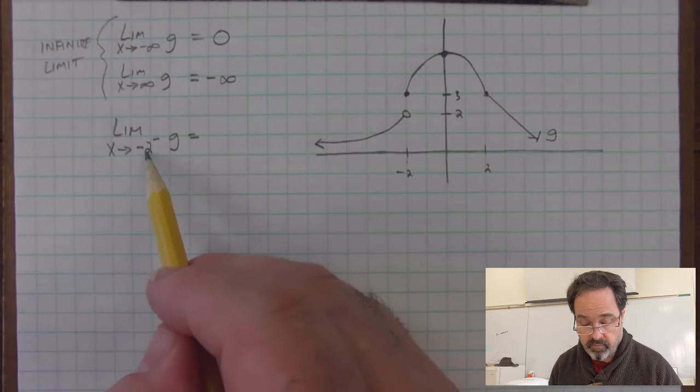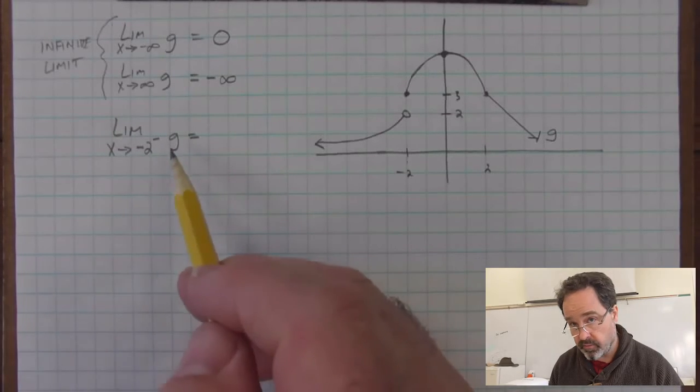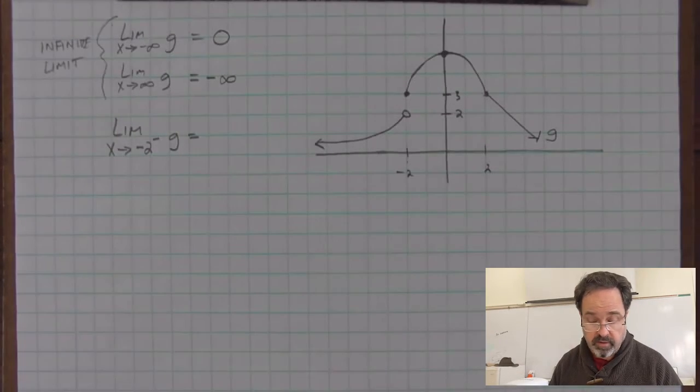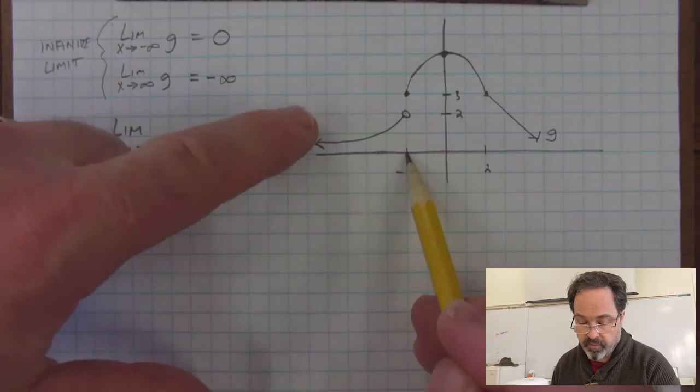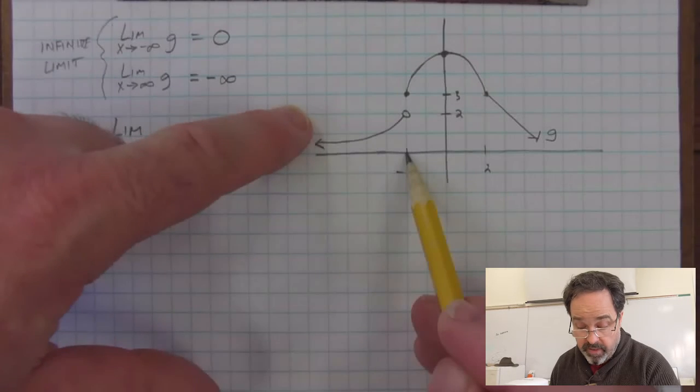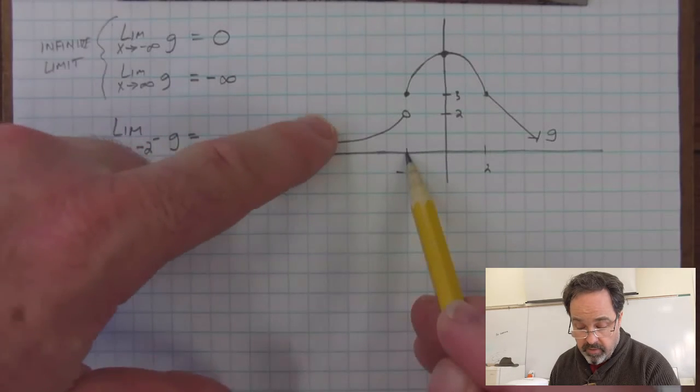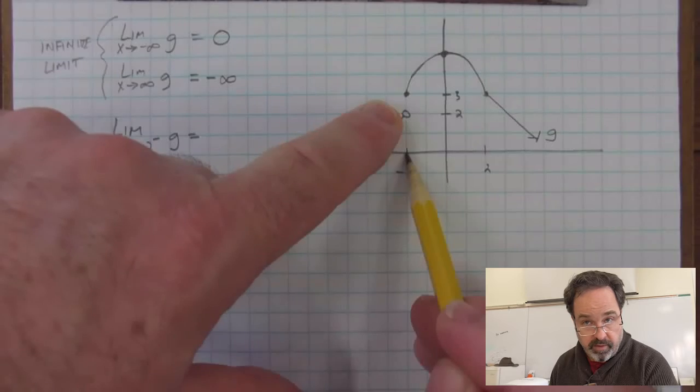And the other negative, superscripted on the other side of the 2, is the notation for from the left, or from the negative direction. So we want to imagine that we're approaching -2 in the domain, but we're thinking of coming from the left of -2. That's a one-sided limit, and we'll answer in just a moment.